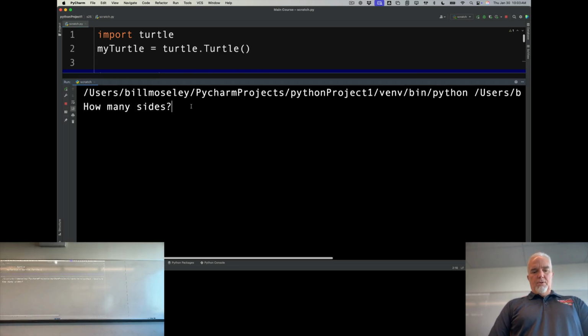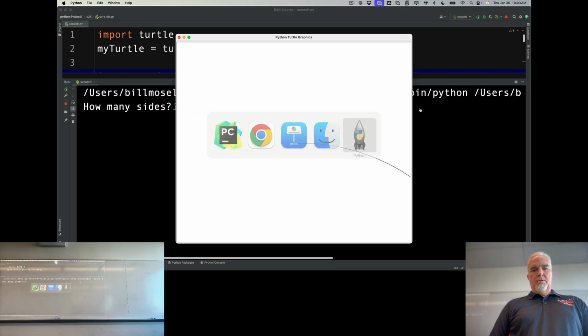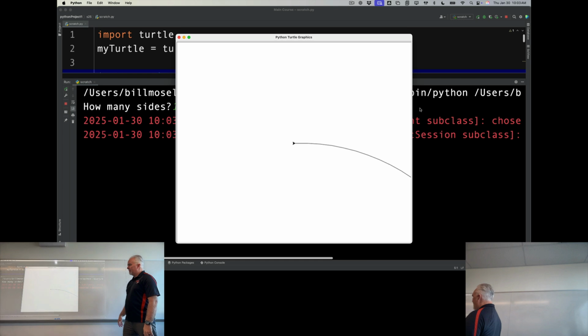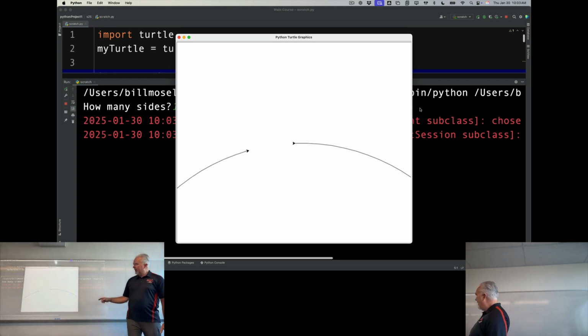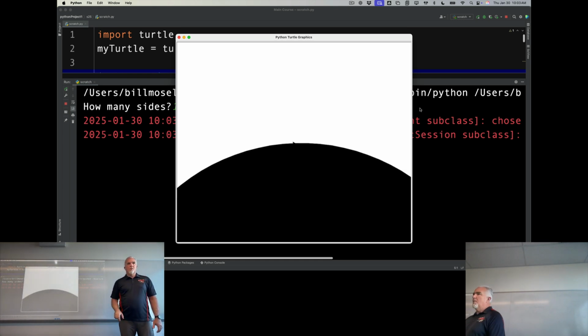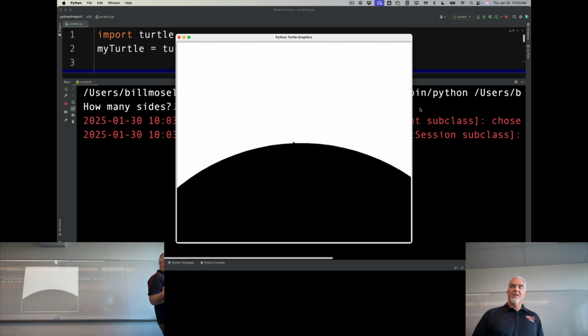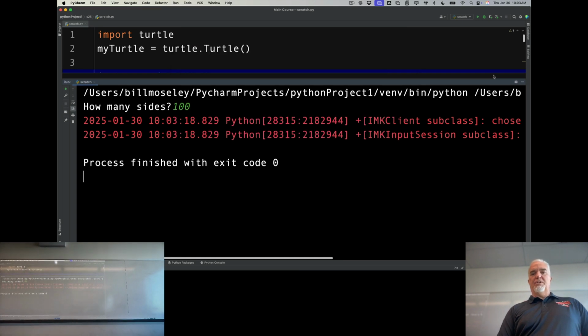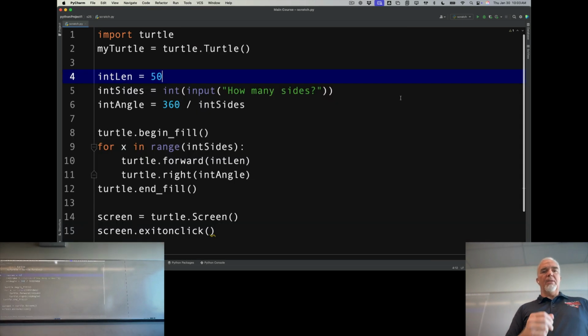Let's do 100 sides. Okay. Now a 100-sided polygon, did not come back. Oh, there it is. Came back around. A 100-sided polygon, at some point it just starts to look like a circle, right? Because it has so many sides and the angle that it turns is so small.